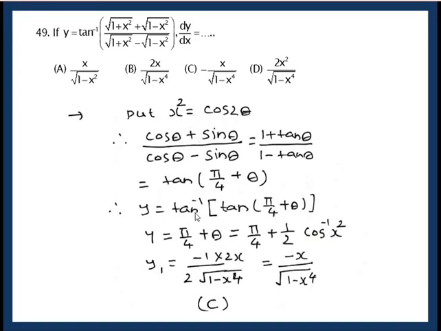Half of that. This I have written, half cos inverse x square. Derivative. This is u. Derivative of cos inverse u is minus 1 upon root 1 minus u square into the derivative of u, that is the derivative of x square, which is 2x. If you simplify, you get this as the final answer, which is given in option C.